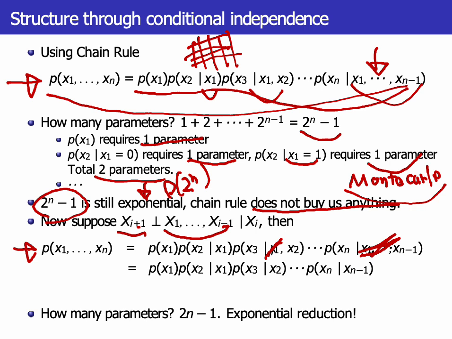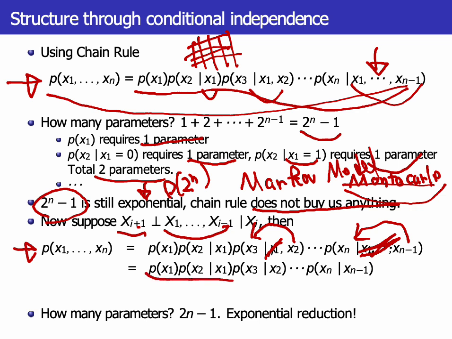Okay, this is not Monte Carlo, it is the Markov chain, the Markov model. So now your model depends only on your previous results. And then you get this chain rule.